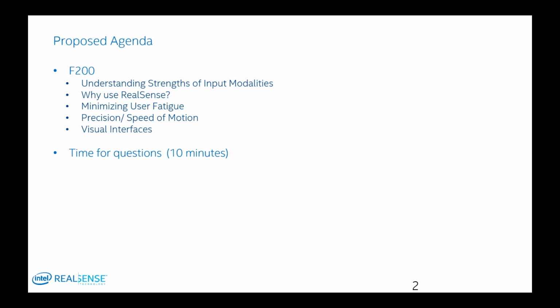You should also minimize user fatigue, and we'll talk about the precision and quality of the data and what you should do with it, and also about visual interfaces. We'll have time for questions at the end, but during the whole webinar you can shout a question in the chat box and I'll try to answer it if I see an opportunity. I'll repeat the question to everyone and answer it after.